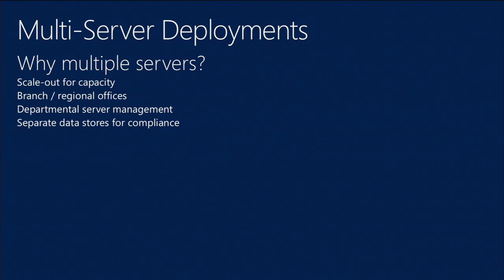You may have branch or regional offices, and you want users to sync to those servers instead of all coming back to a central location. Or perhaps you delegate file server administration to departments, and each department has its own server with its own admin. And finally, you might have compliance requirements that force you to physically separate data across multiple servers.